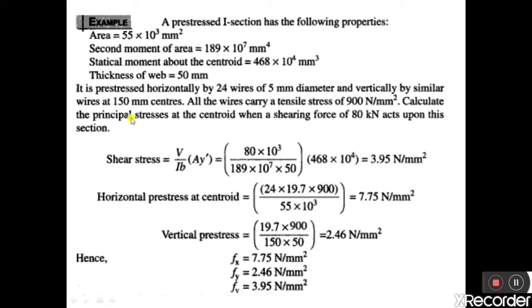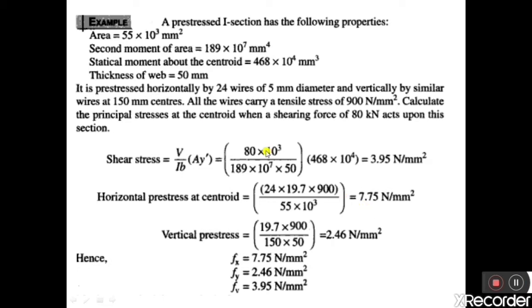In vertical prestressing, they have used the same wires of 5 mm diameter, spaced at a distance of 150 mm center to center, and all the wires carry a stress of 900 Newton per mm square. For this we need to calculate the principal stresses at the centroid when a shear force of 80 kN is acting at the support.